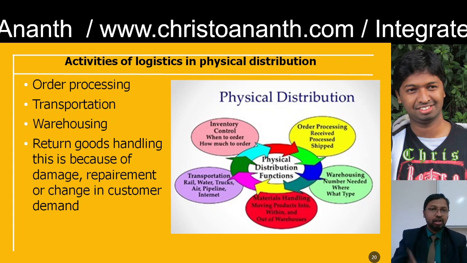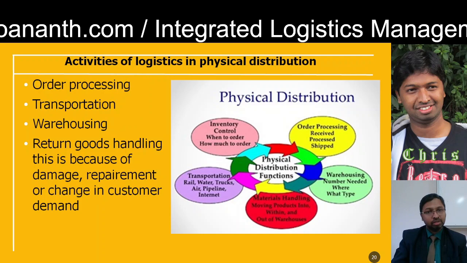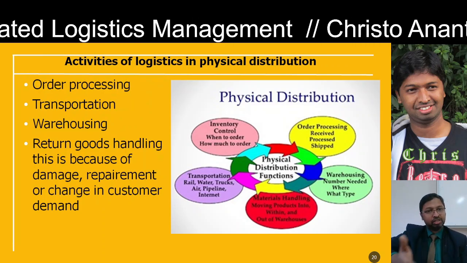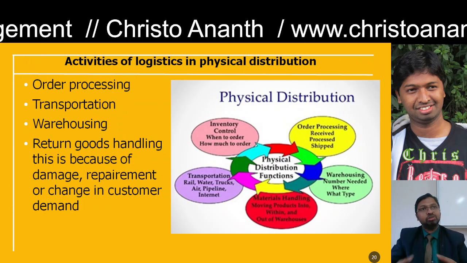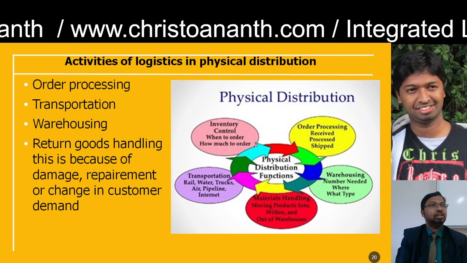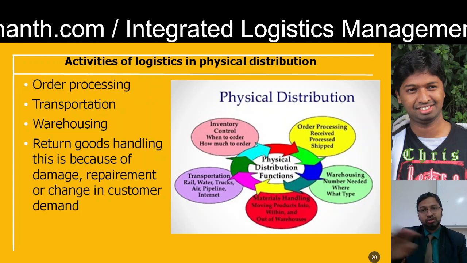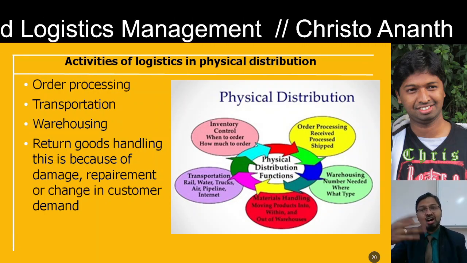These are the activities of logistics and physical distribution: order processing, transportation, and WMS, the warehouse management system. Returning goods are also handled, whether because of damage, repair, or a change in customer demand. So a policy of refund, for example if it is damaged or repaired, you should take care of that also. In physical distribution we have inventory control: when to order, how much to order.